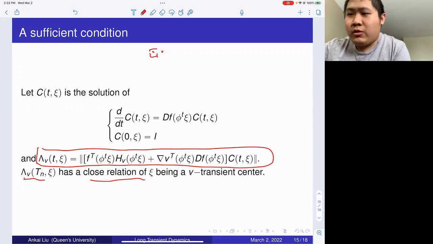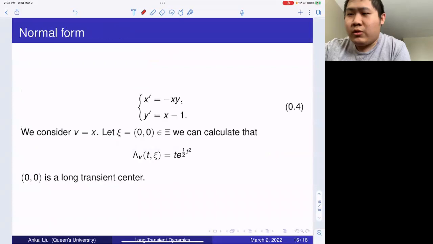It's still an ongoing investigation, but hopefully I can convince you with 2 examples. The first one, again, is the example we just looked at. By direct computation, we can find that this capital lambda equals t times e to the power of half t squared.